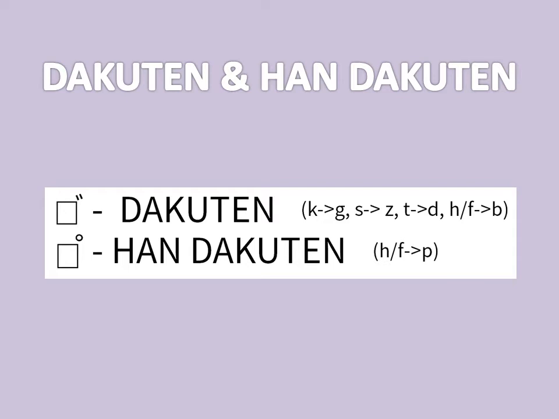For example, if we add the dakuten to the hiragana characters on top right, then the k sound will become g sound, s sound will become z sound, t sound will become d sound, h or f sound will become b sound. And if we add the handakuten, the small circle on top right, then the h or the f sounds will become p sounds.